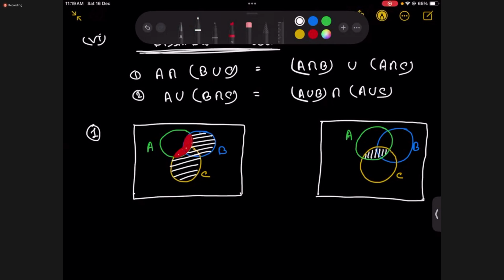And A intersection B denotes this white part. So together, if I take the union of these two sets, we will get again the red portion.